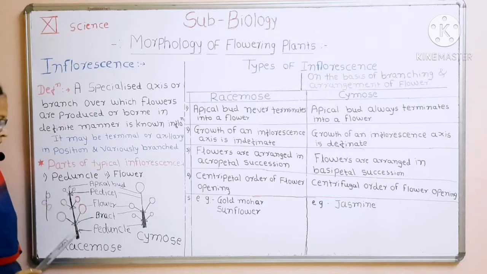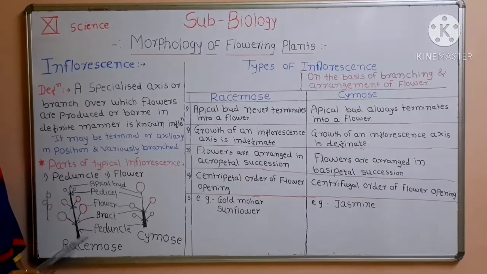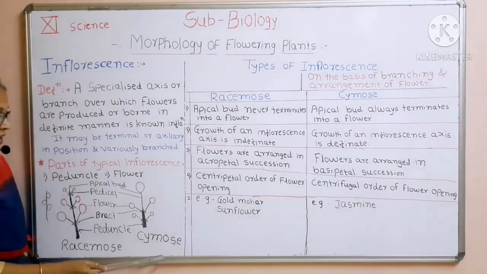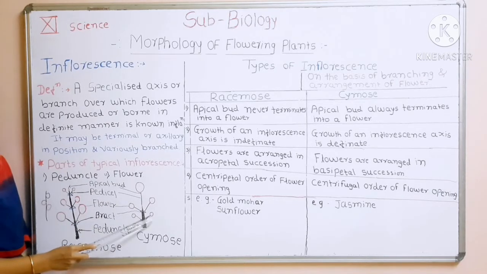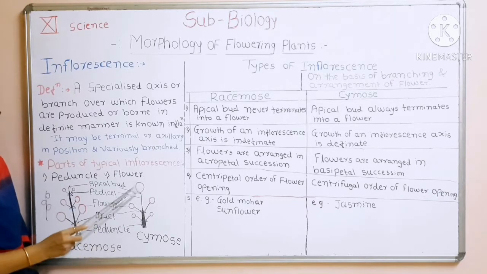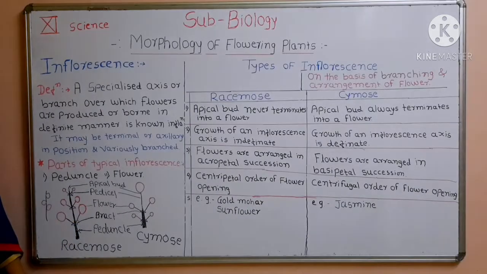Such an arrangement is called acropetal succession. And in cymose, see the difference here. The older flower is present at the apex and the younger flower is present towards the base. Such an arrangement is called basipetal succession.